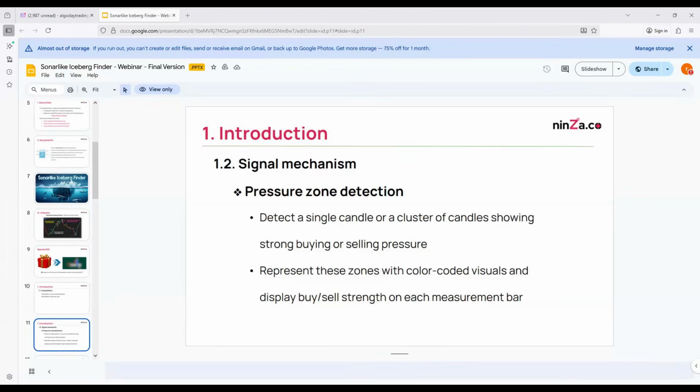Now, when things come down, the pressure zone becomes an ice zone, and it's in this ice zone that we could see reversals. If price is going up, which creates the buying pressure zone, and then all of a sudden the ice zone goes bearish, that is an indication that price will probably reverse and we're going to go lower.